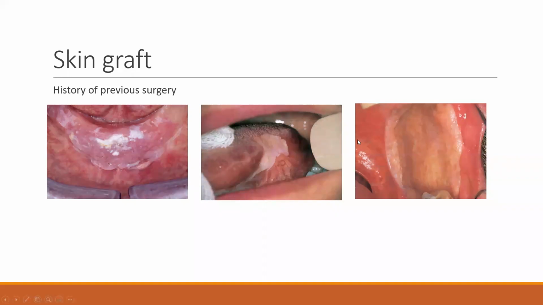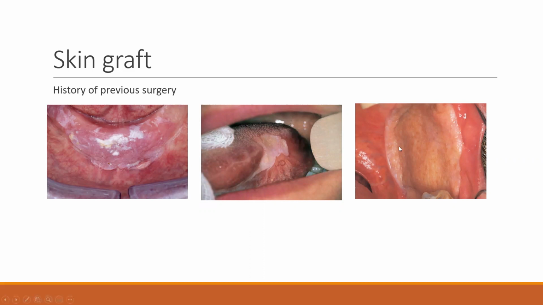The graft can be taken either from the mucosa or the skin and appears white or yellowish white. A straightforward diagnosis can be made because of the history of surgery, and no treatment is required.